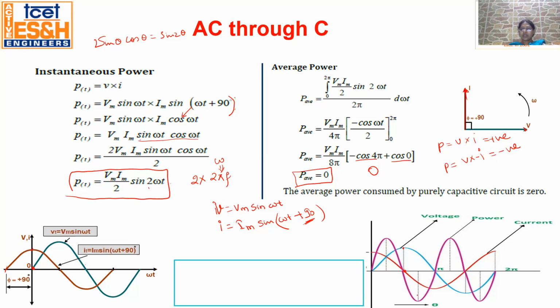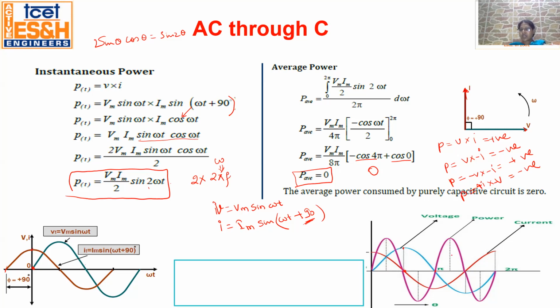So this is the negative power. Now again, voltage and current are both negative, so power is positive again. And here, current is positive but voltage is negative, which gives negative power.